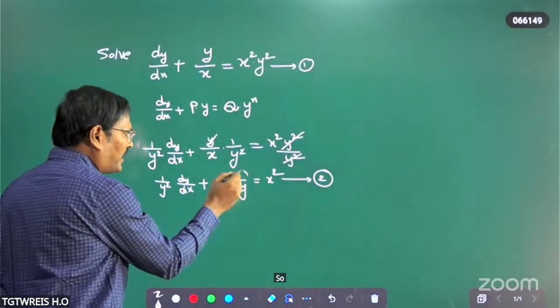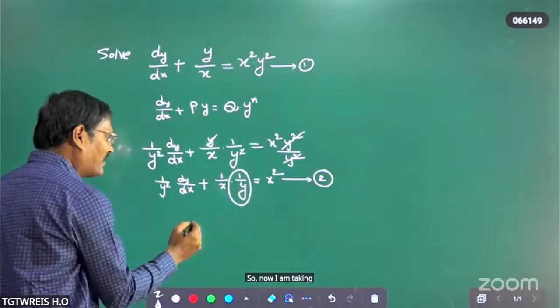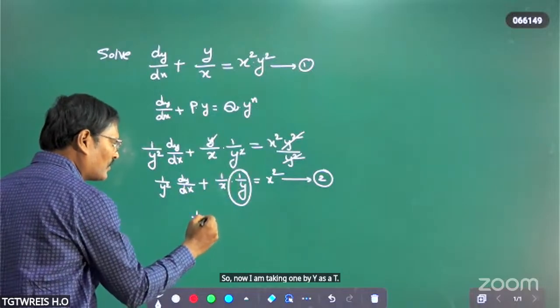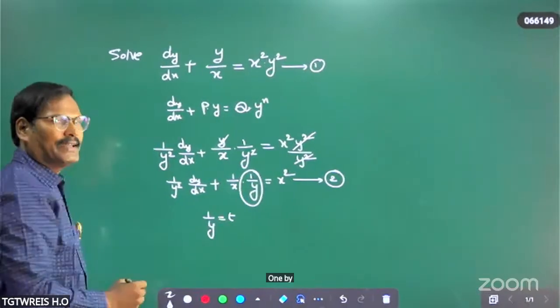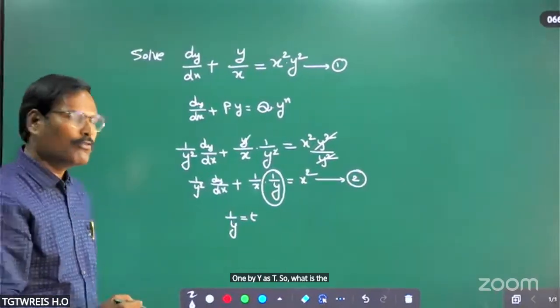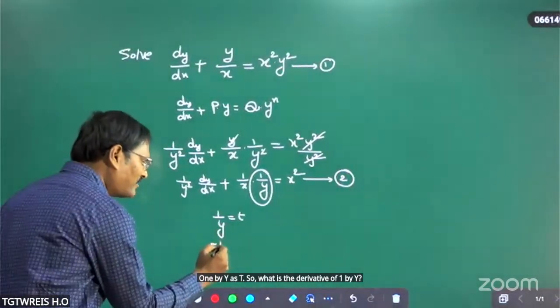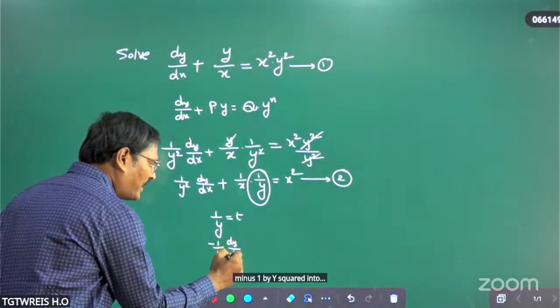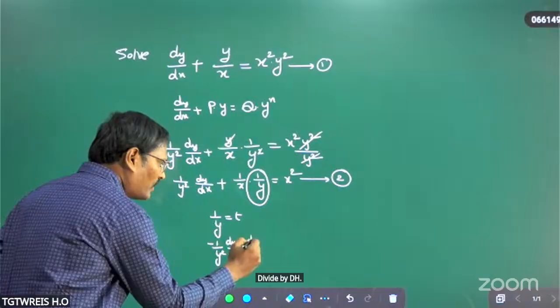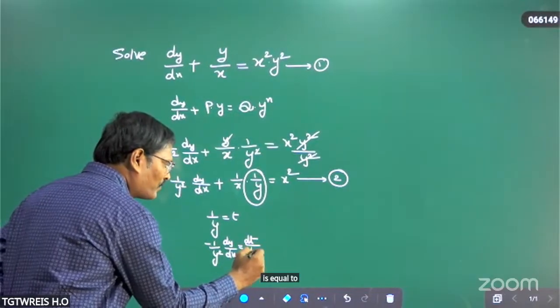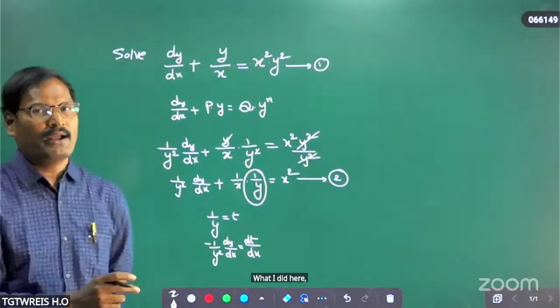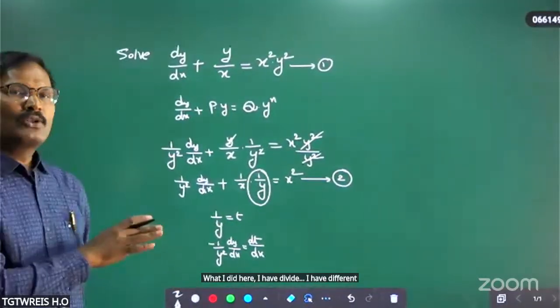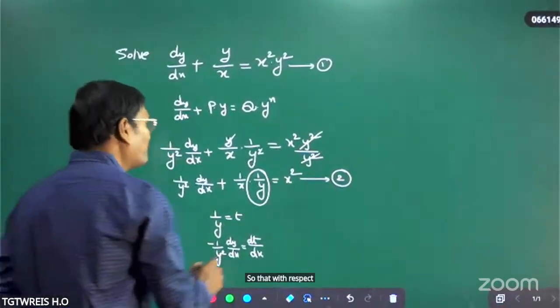Now I am taking 1 by y as t. So what is the derivative of 1 by y? Minus 1 by y square into dy by dx is equal to dt by dx. I have differentiated with respect to x.